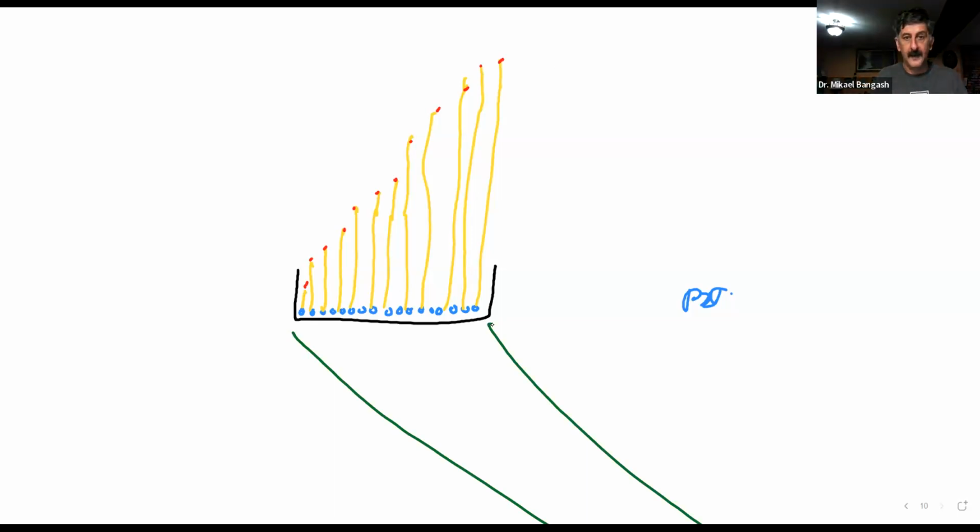Now, when we call it phased steering, that is mainly because there's going to be a slight delay between the firing of this electrical source to this.